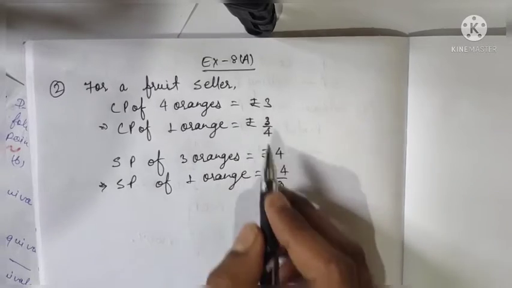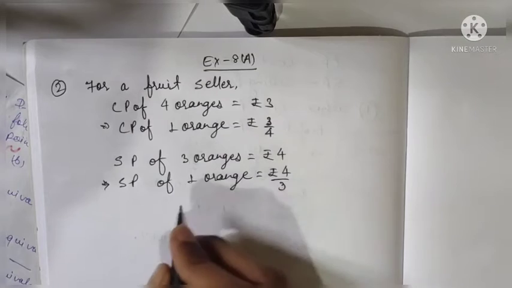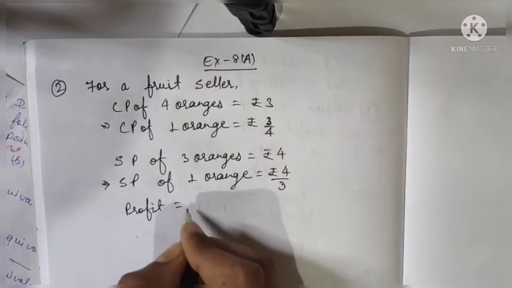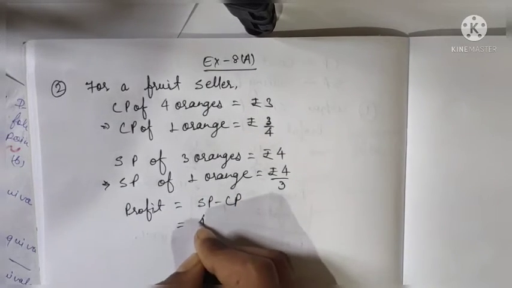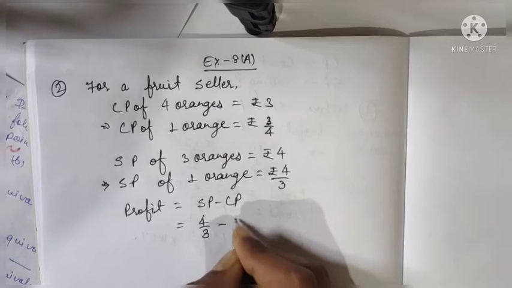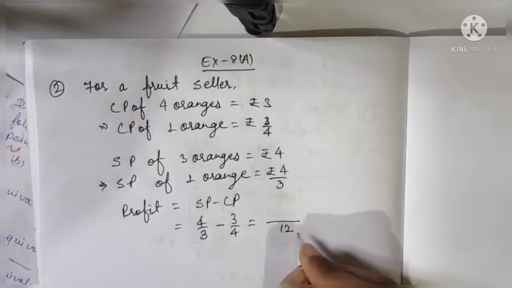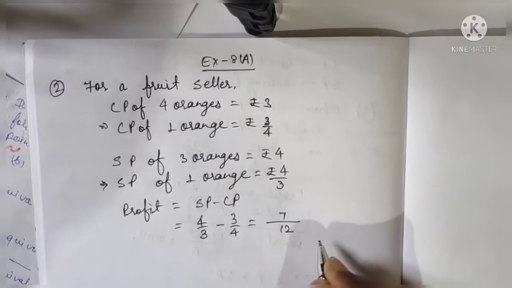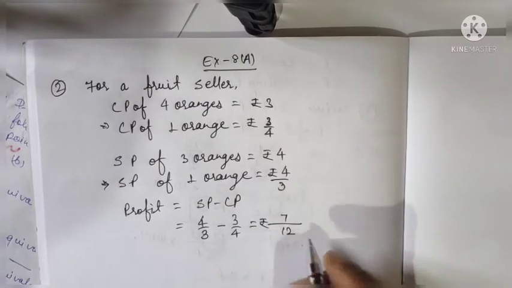Now we have CP of 1 orange and SP of 1 orange. We have to find profit percent. To find profit percent, just find profit, and as you know profit is equal to SP minus CP, so it will be 4 by 3 minus 3 by 4. By solving it, we have 16 minus 9 become 7 by 12. So the net profit on 1 orange is 7 by 12.